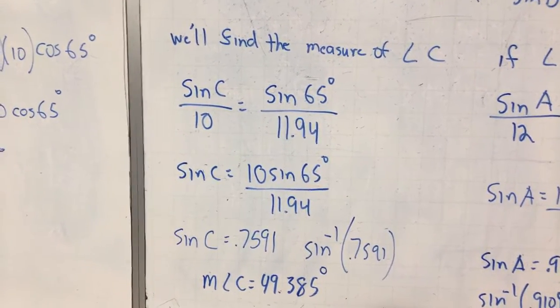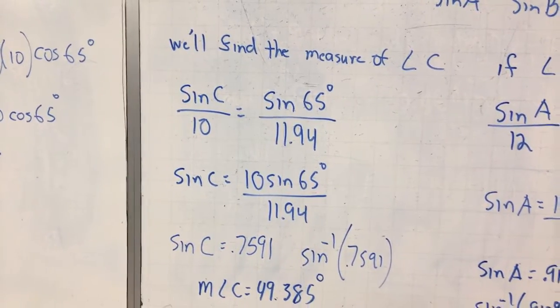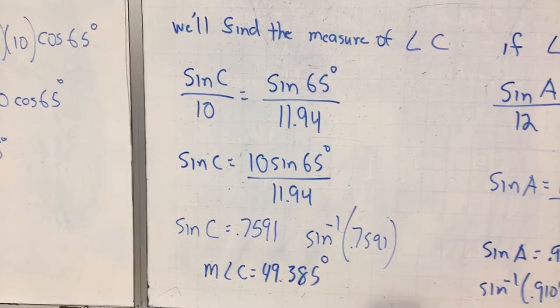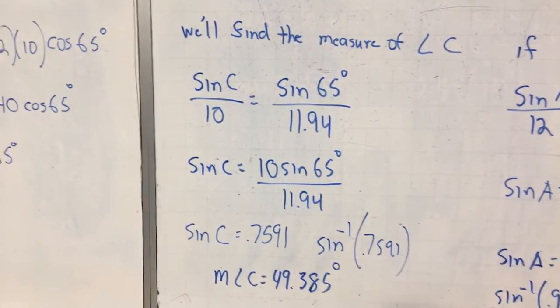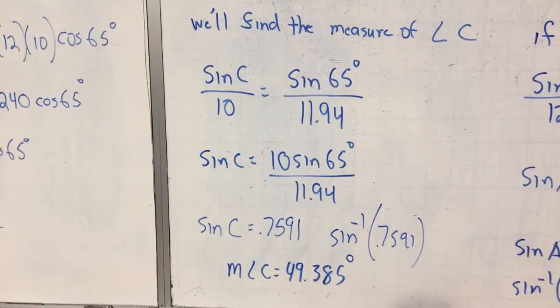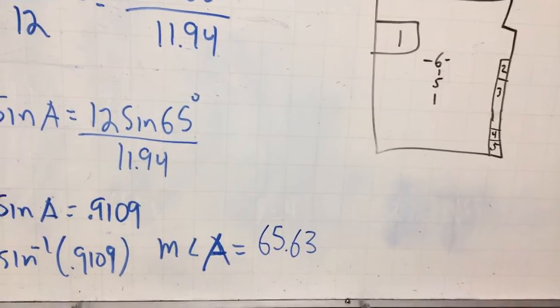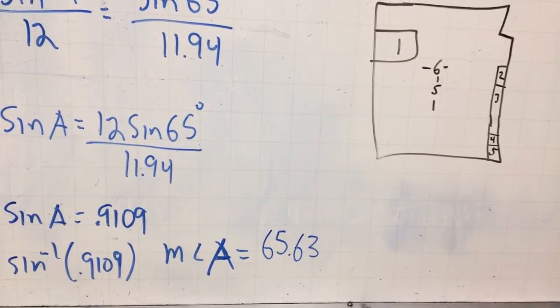So you'll use the inverse, or second sine, and then you'll put that in, 0.7591, hit enter, and the measure of angle C is 49.385 degrees, okay? And then you can take 180 minus 65 minus 49.385, and you will find that the measure of angle A is 65.63, okay? Well, there's a rounding issue in here of about 0.013.